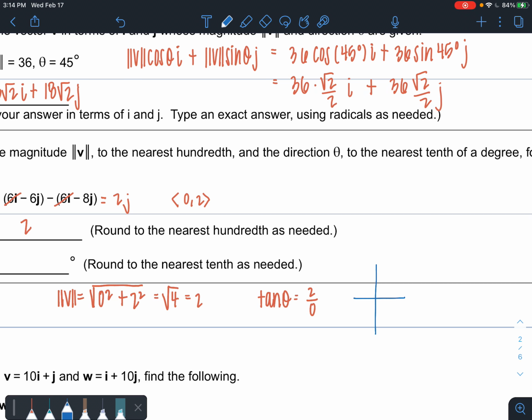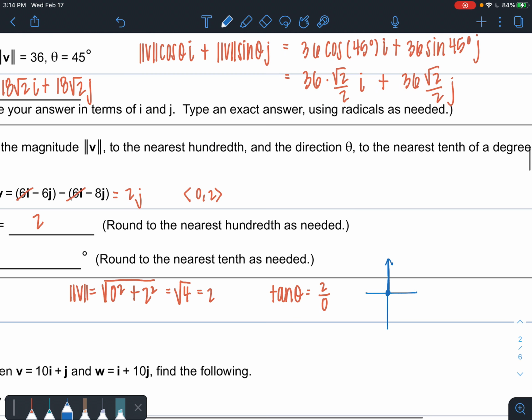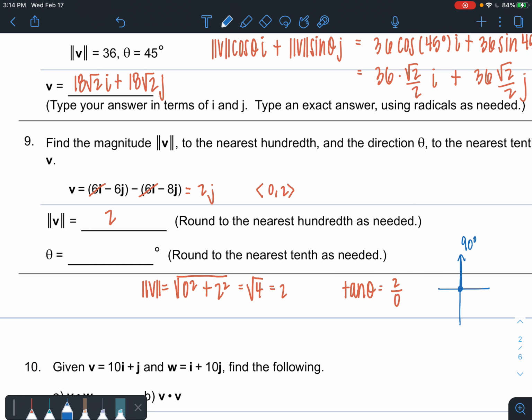If I have 0, 2 right here, then this is at 90 degrees. So that's what theta is going to be equal to, 90 degrees. So for that one, we have to draw a picture to figure out drawing that vector of 0, 2.